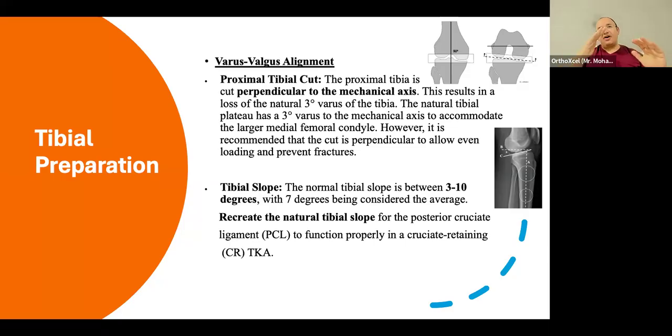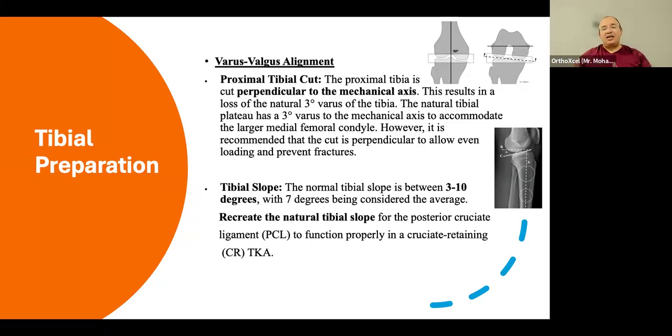Ignore the 3 degrees varus position, and then from your jig, choose the slope as you want, depending on what you're using. So if you're using a CR knee, you put the slope between 5 to 7 degrees. If you're using a PS knee, you can put the slope between 0 to 3 degrees. Why? Because the main function of the slope is to help the PCL. If you have a slope, it's easy for your knee to posteriorly subluxate, and what stops that is the PCL.